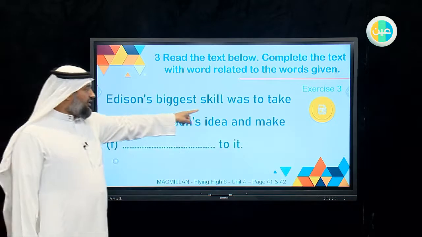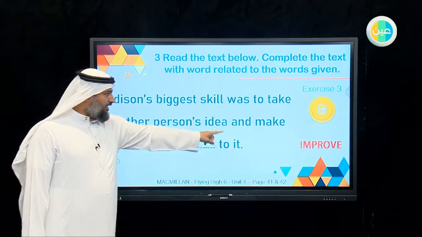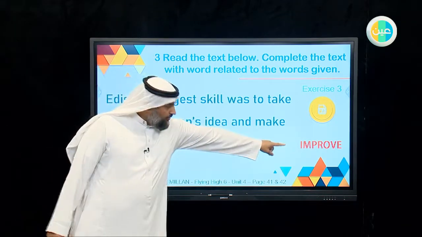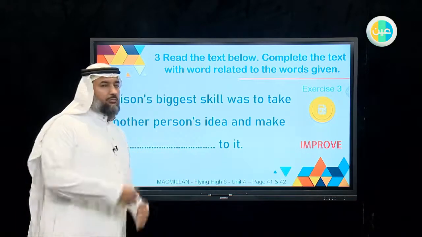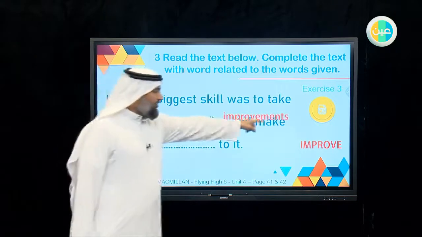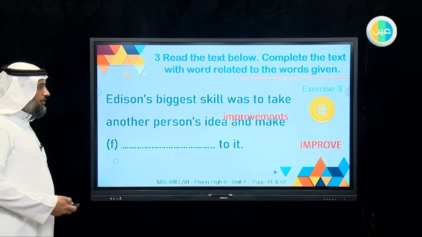Edison's biggest skill was to take another person's idea and blank and make blank, the word is improve to it. So improve, we say improvement or improvements for plural.